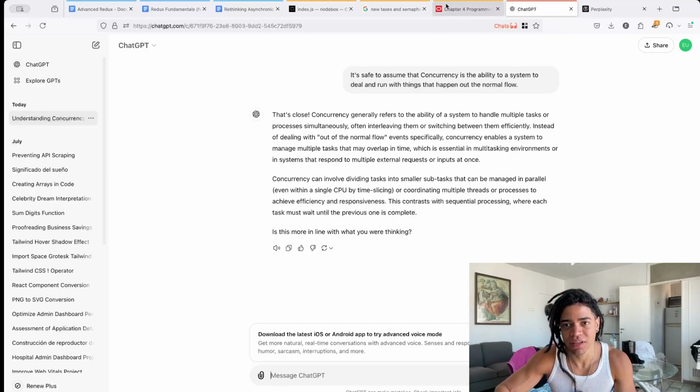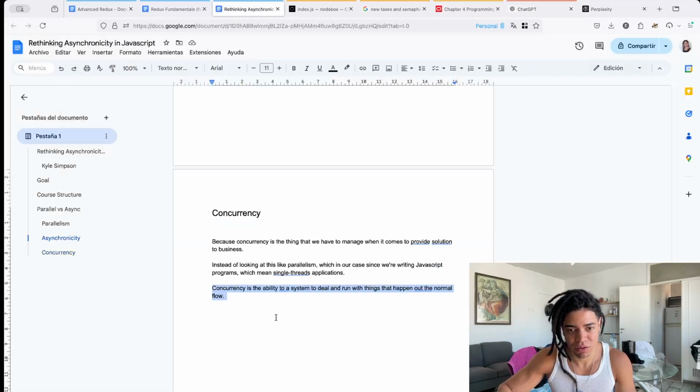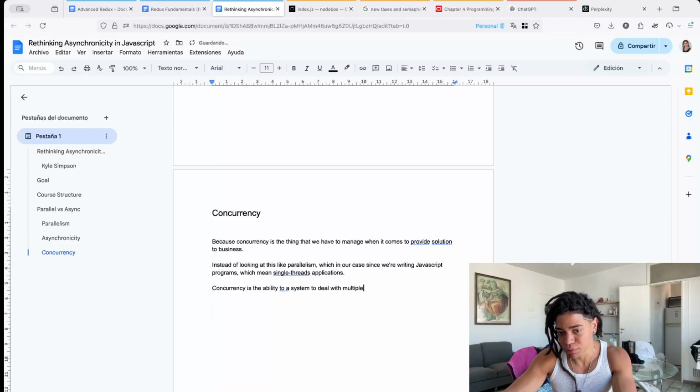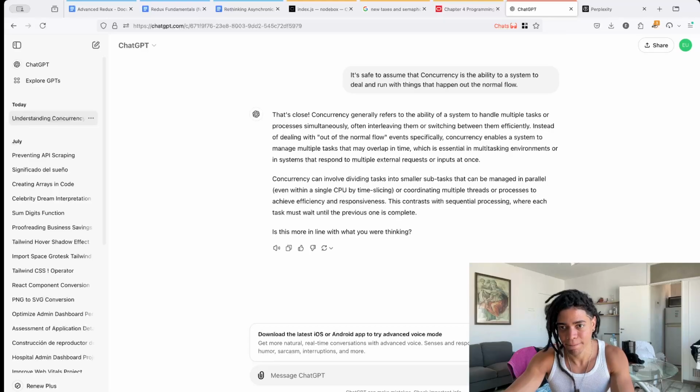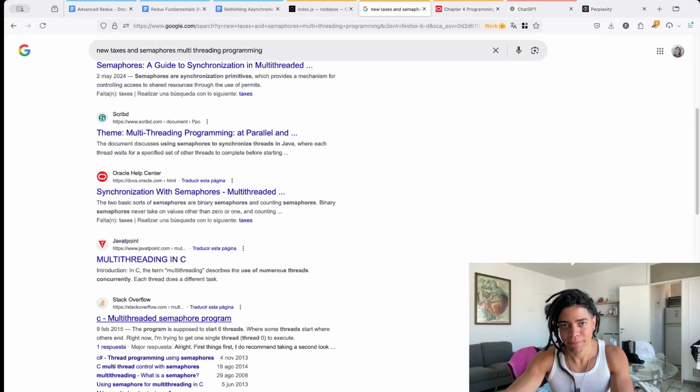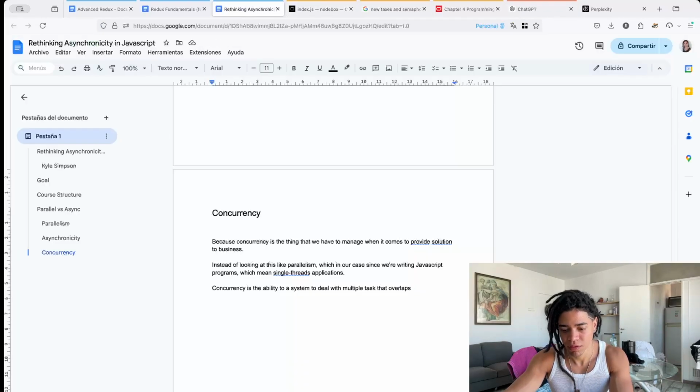That is something interesting. So concurrency is the ability of a system to deal with multiple tasks that overlap in time.